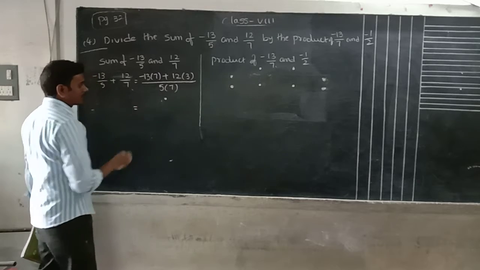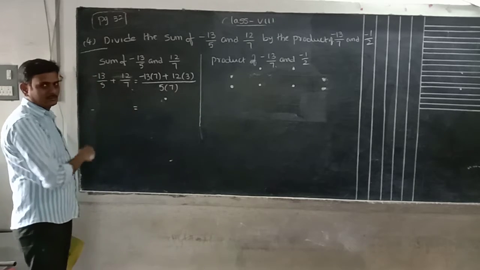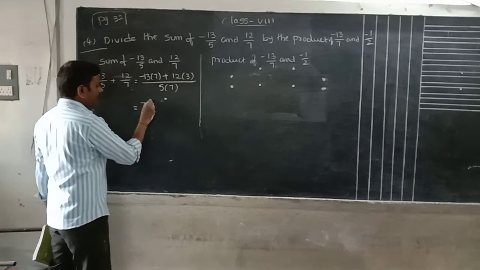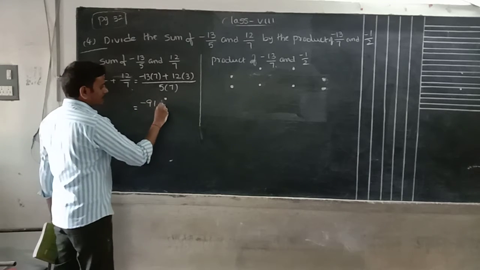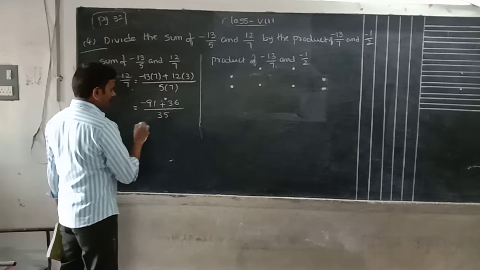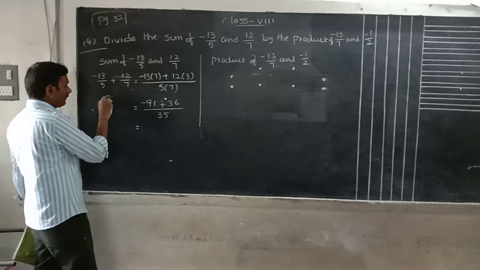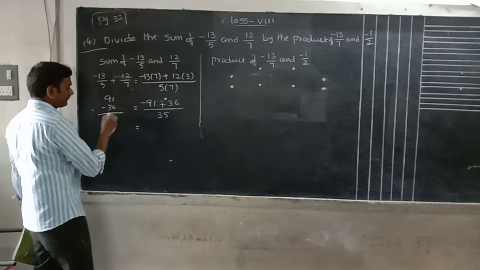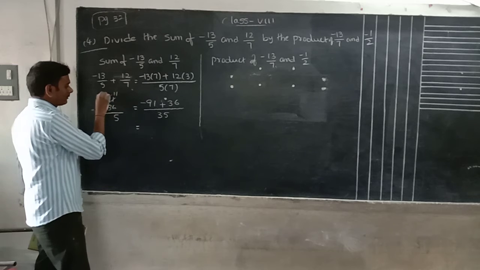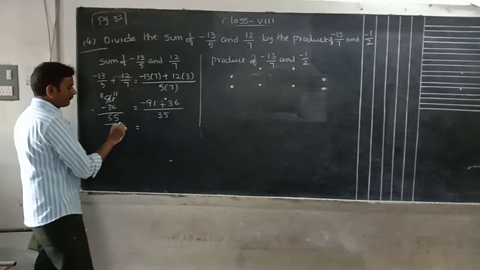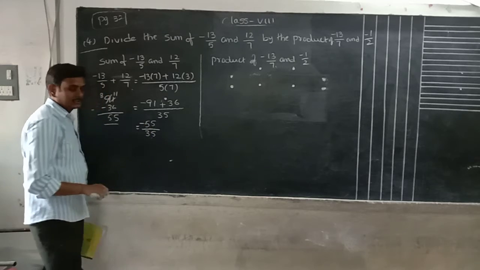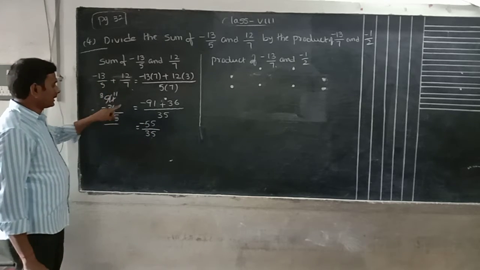In the previous question also we learned cross multiplication. 7 times 13 is 91. 12 times 5 is 60, by 5 times 7 is 35. Subtracting, 91 minus 60 gives 31. So the result is 31 by 35.